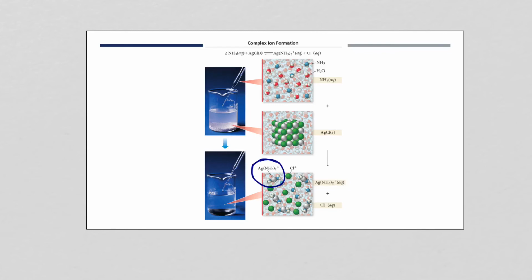If we want to get silver ions into solution, the silver chloride won't dissolve. But if we transform it into this silver complex ion with ammonia, it's much more soluble. So we can pull the silver chloride into solution by simply adding this other ligand, taking advantage of this very product-favored complex ion formation.